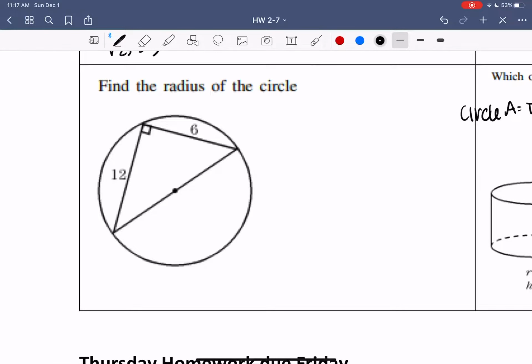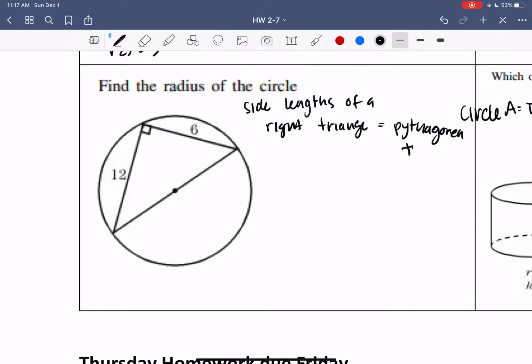All right, we're going to find the radius of our circle. This one is set up a little different, but remember, when we're looking for the side lengths of a right triangle, we use the Pythagorean theorem.